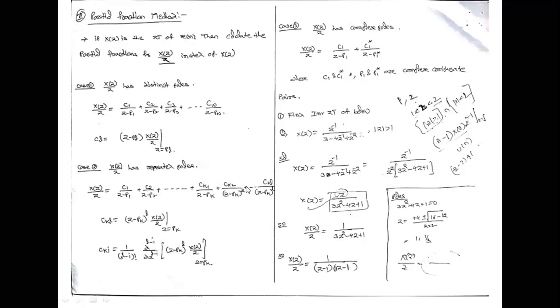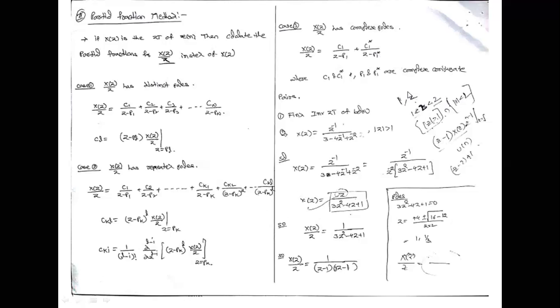When you get repeated poles, you get the two values ck1 and ck2 by taking the partial differentiation. If this function has any complex poles, you can write them as complex conjugates: c1 by z minus p1 plus c1 conjugate by z minus p1 conjugate.